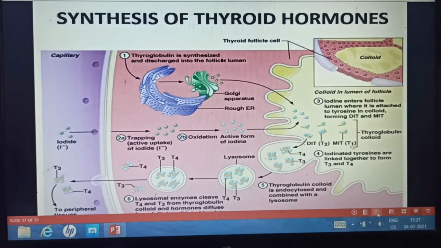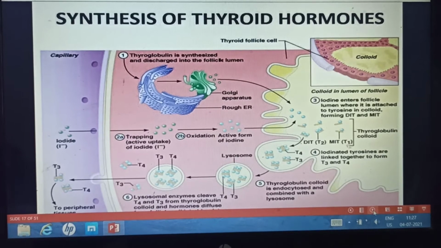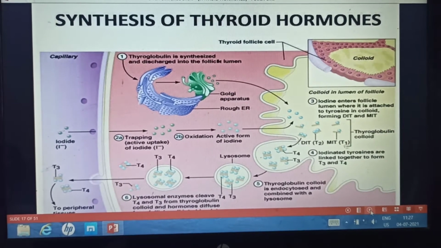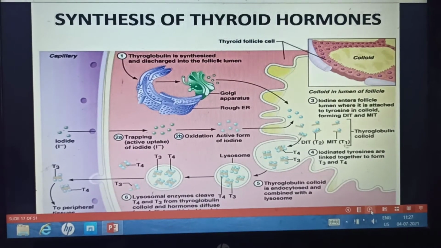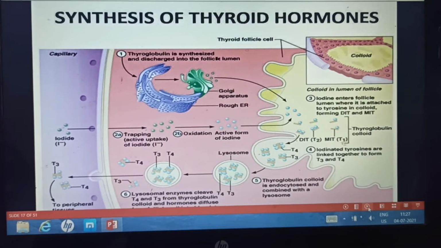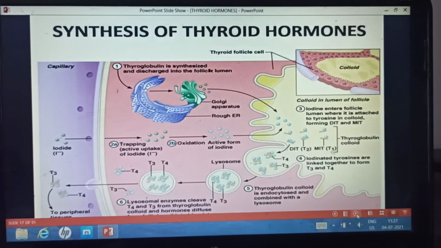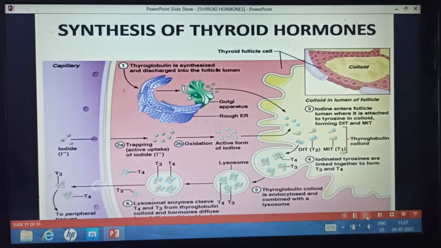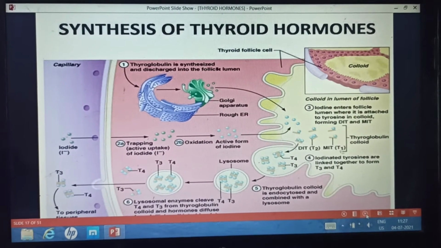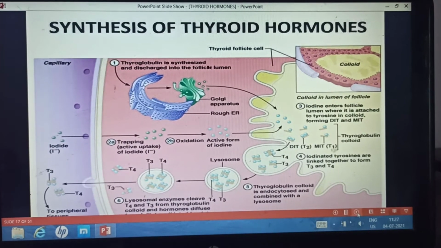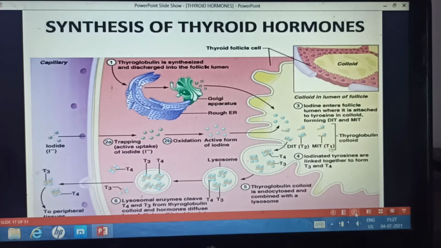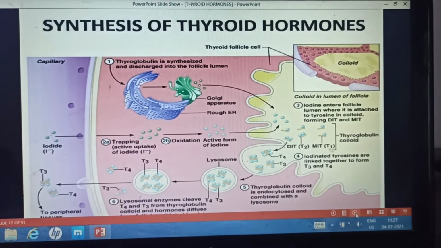Then third step is the oxidation of the iodide. Iodide is oxidized to iodine by the enzyme peroxidase. Then this active form, the iodine, gets transported into the lumen, that is, into the colloid.